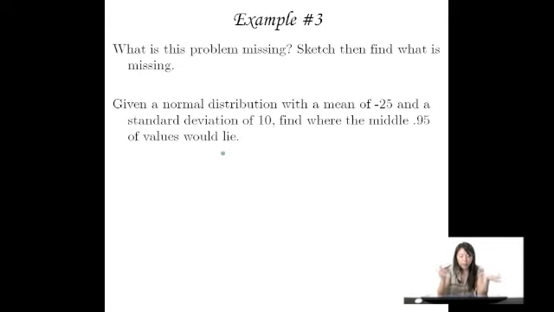So right now we have the probability here, right? What we don't have is the actual values. So this is a value missing problem. So that's what we're going to need to do.